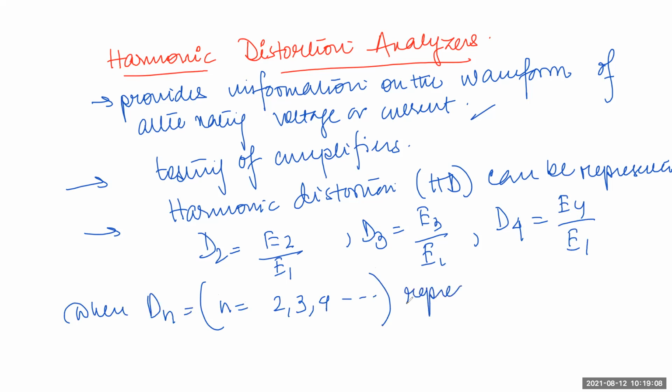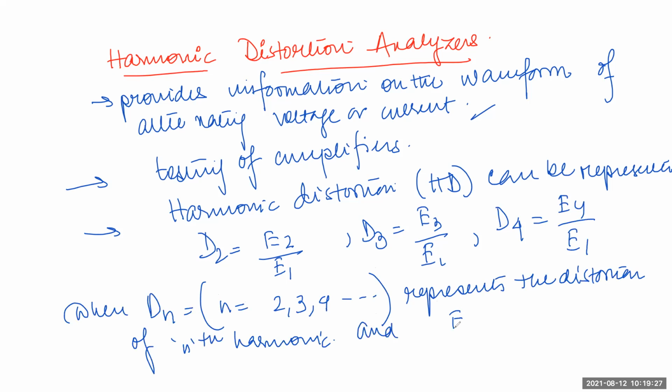It represents the distortion of the nth harmonic. And En, that I was telling you, is the amplitude of the nth harmonic.